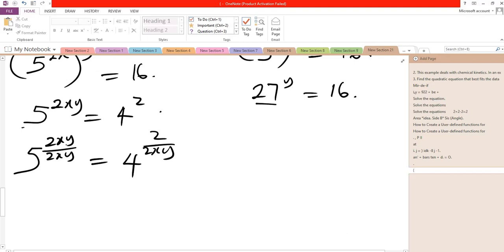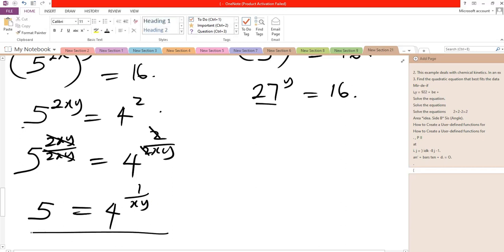So if you divide with the same value, this will cancel out this and become 1. So 5 raised to the power 1 is the same thing as 5. Then this 2 will cancel out this 2, and you have 4 raised to power 1 all over xy. That is 4 to the power of 1 all over xy. So this is the final answer for this method.